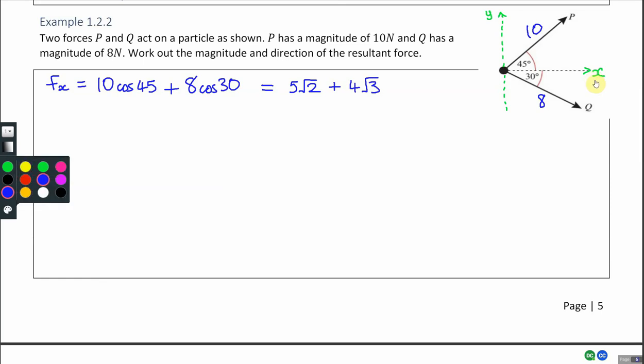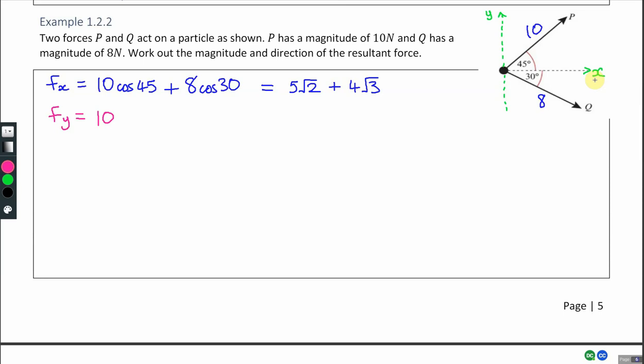Let's now do the vertical component of the resultant. Notation I'm going to use is Fy. So just to reiterate, this is the vertical component of both forces P and Q. Let's do P first. So the vertical component of P is going to be 10. Now I'm going to use the way of thinking about it I said about a minute ago. If the angle is adjacent to the direction that we're currently looking at, then use cos, otherwise use sine.